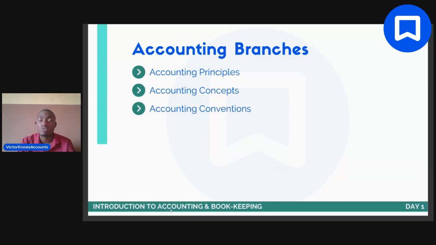Now, the next one: I've talked about auditing, taxation, and public sector accounting. The next one I'll be talking about is forensic accounting. Forensic accounting is that branch of accounting that traces financial information to support investigation cases. Under forensic accounting, you'll see things like financial crimes investigation.